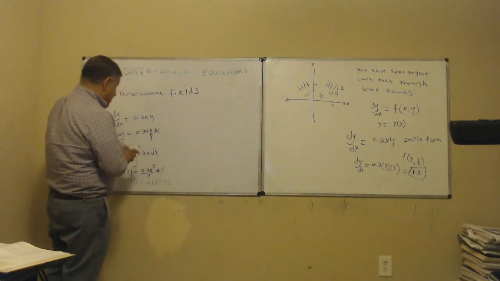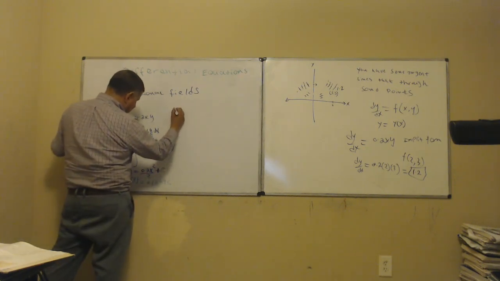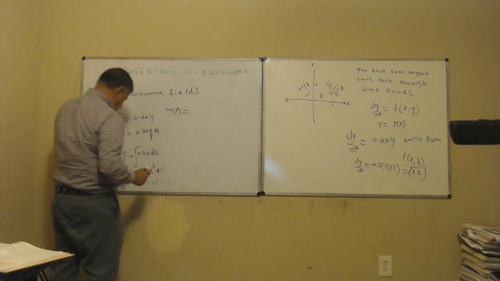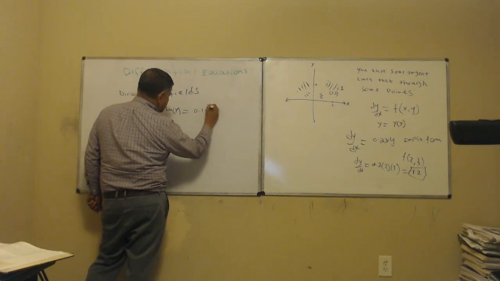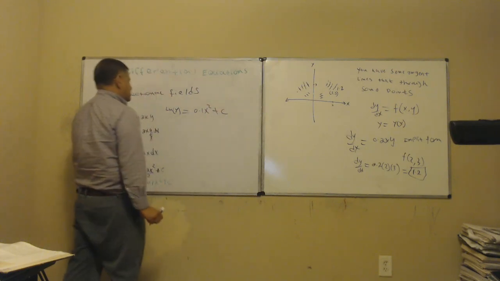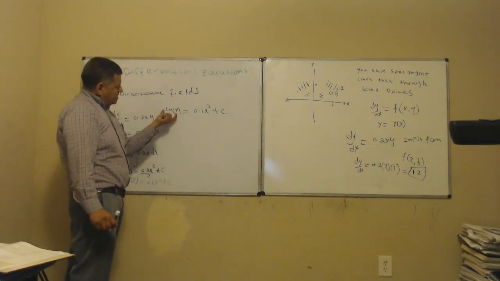Now let's bring this up here. We have ln of y equal to 0.1x squared plus a constant c. And remember that I have this ln over here. I need to get rid of that.